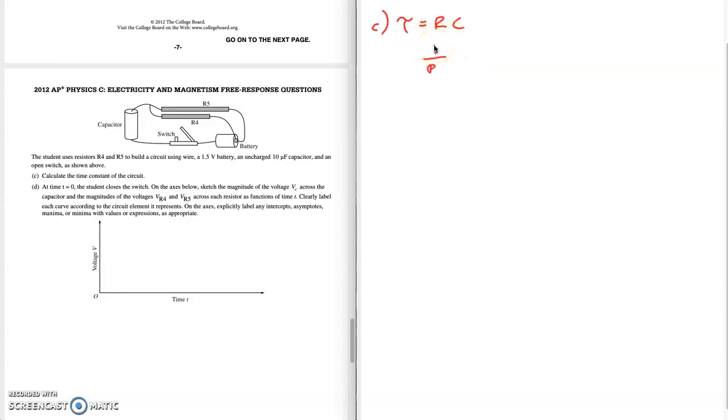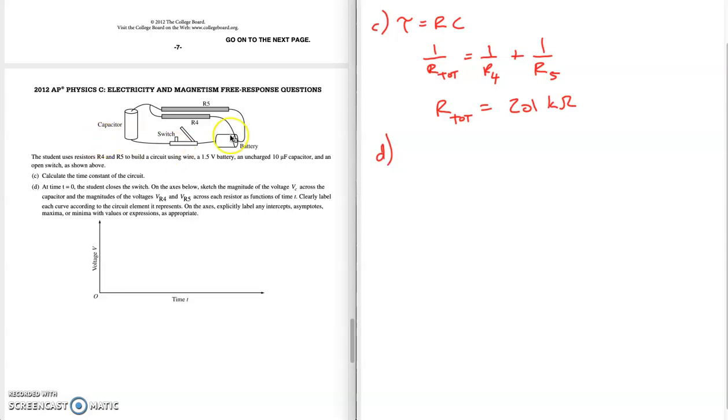So the total resistance is going to be R4 and R5, but you add the reciprocals because they are in parallel. And don't forget to flip at the very end. So you get 201 kiloohms once they are added together.